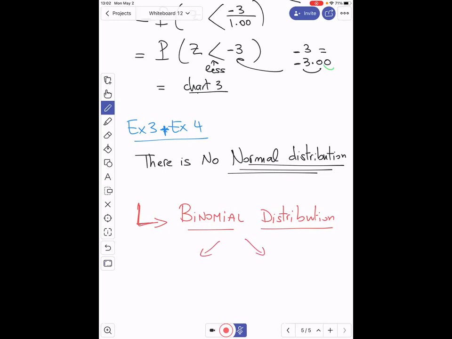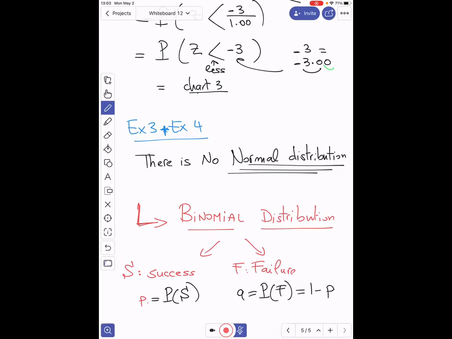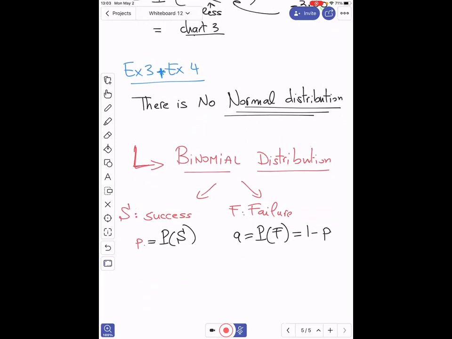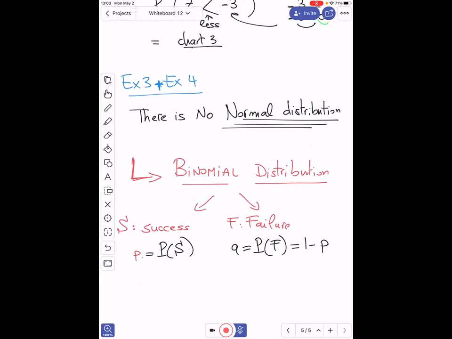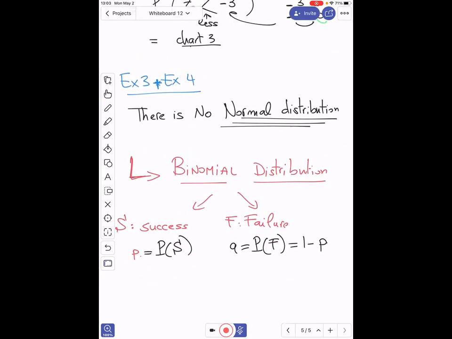There's a number of trials, so you have success and failure, and then there's P, which is the probability of success, capital S, and there's Q, which is the probability of failure, which is 1 minus P. So if you don't have the word normal in the problem, it's a binomial distribution.